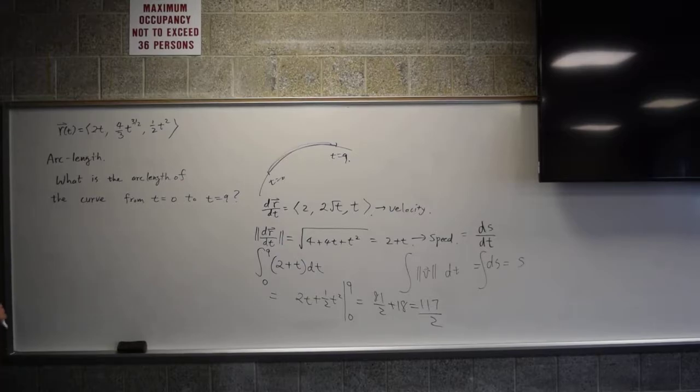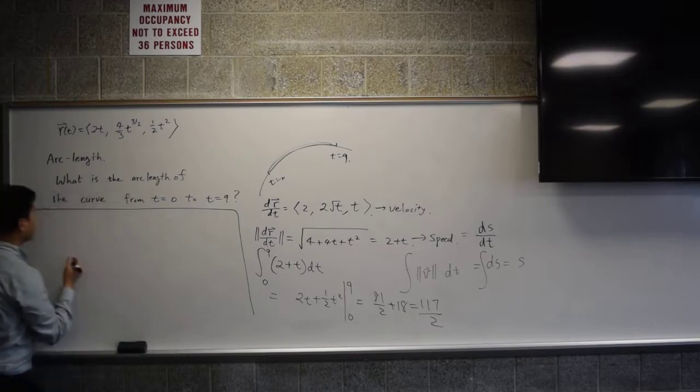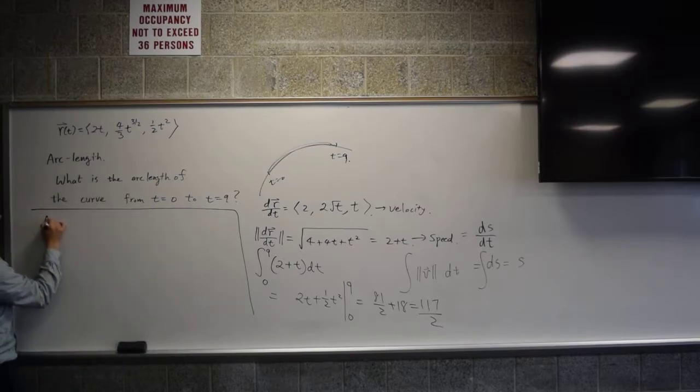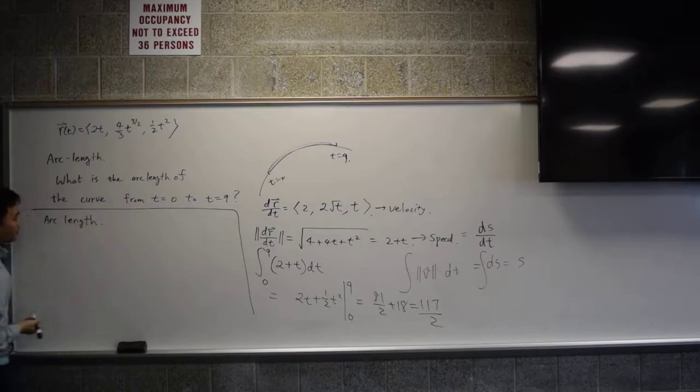And the main argument here is the following fact. Arc length is usually denoted by s, lowercase s. Capital S is for surface area, lowercase s for arc length.